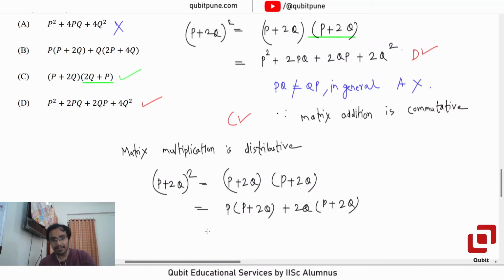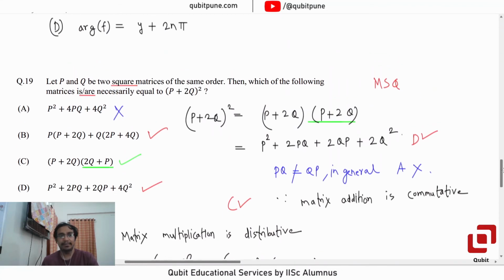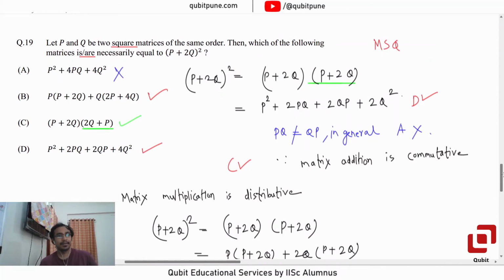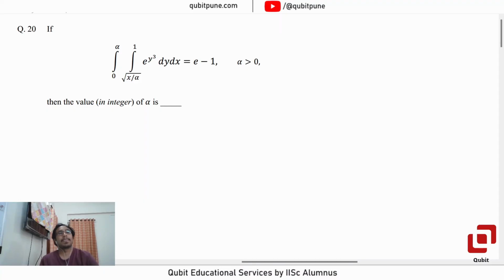And now we can take that 2 inside without changing anything, so that will be Q into 2P plus 4Q. That's allowed. So option B is also right. So how many options are there? 3 options are correct: B, C and D. A is not right.